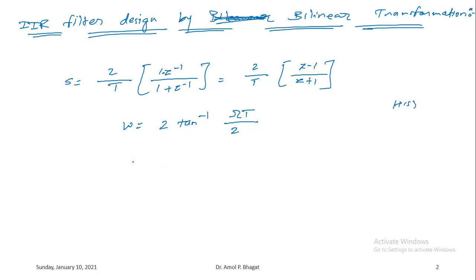Or you can write the equation for Omega as 2 upon T tan omega upon 2. You can denote it as omega or omega r, so this omega r is the resonant frequency. Let's try to solve some examples here. We will use this mapping function to convert H of s into H of z, or the given analog filter into the digital filter.